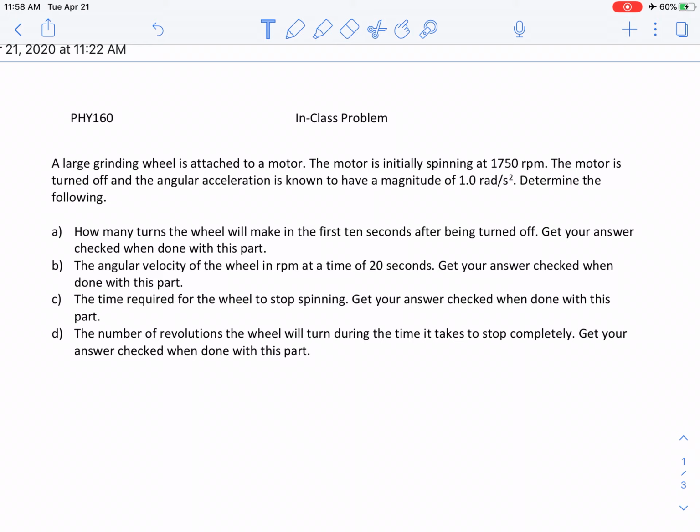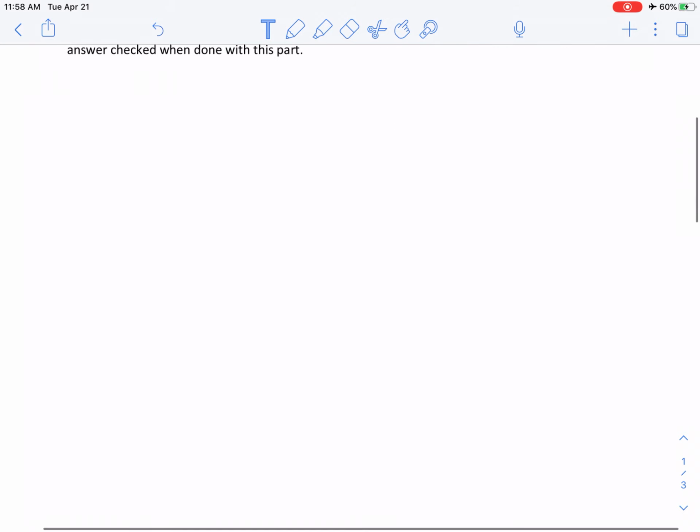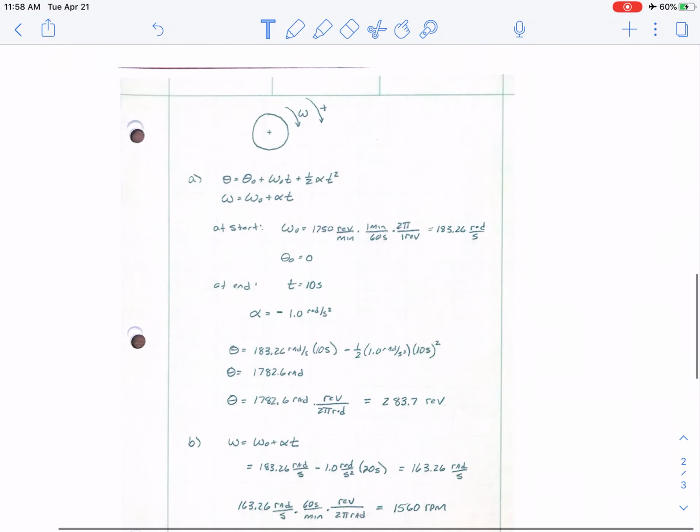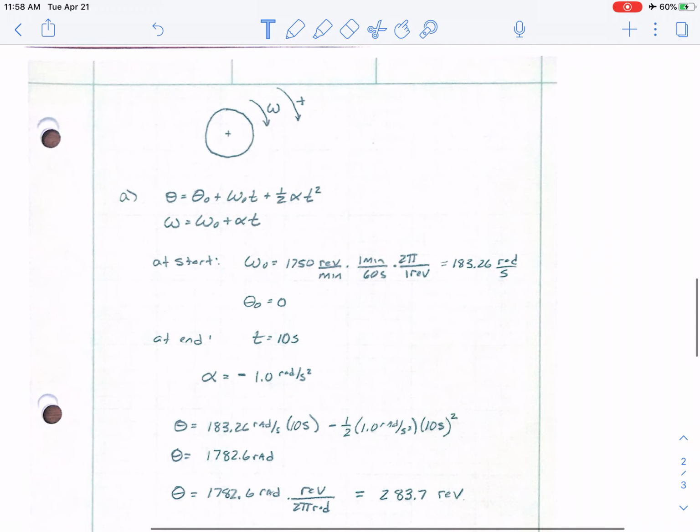It's asking for how many turns, and that is related to the angular displacement, but not in radians, right? It's really asking for how many revolutions you will have. So we need to think about converting it later as well, and it's only asking for the first 10 seconds, so we need to be very consistent with our solution. So let's look at the first part.